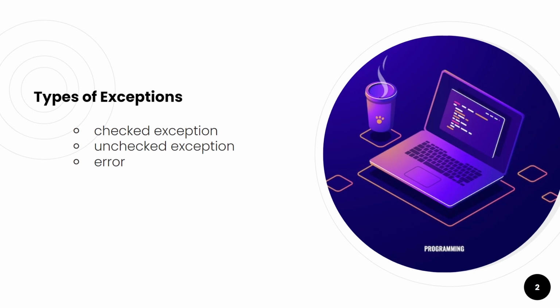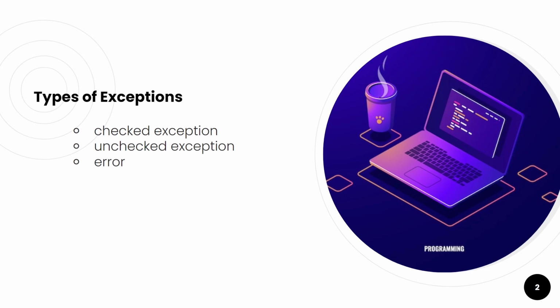So what is the difference between them? Checked exception: the classes that directly inherit the Throwable class, except RuntimeException and Error, are known as checked exceptions. For example, IOException, SQLException, etc. Checked exceptions are checked at compile time.